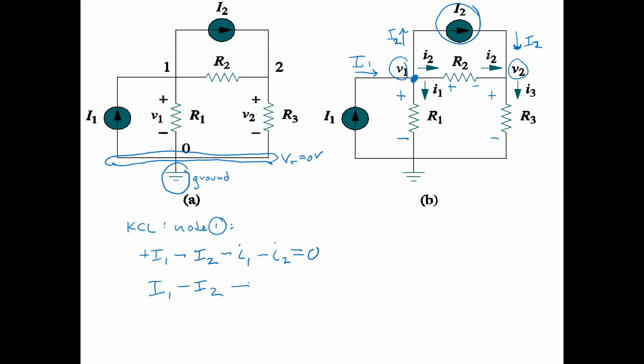And then minus, and then we think of what is the element voltage for R1? What is the voltage across the R1 resistor?